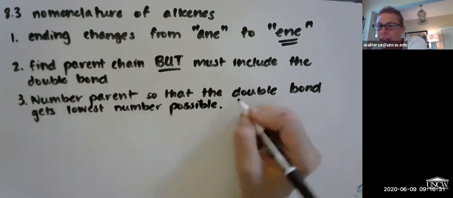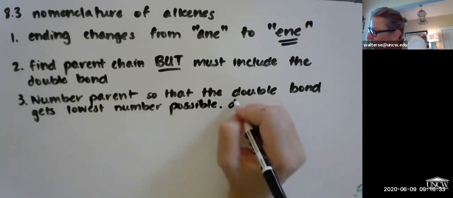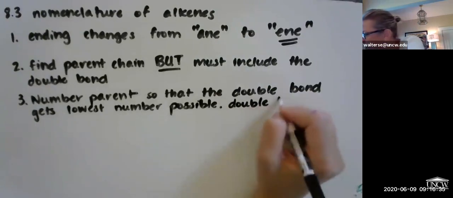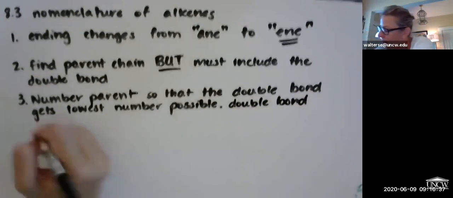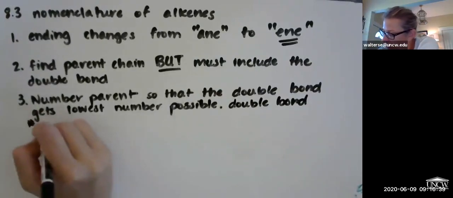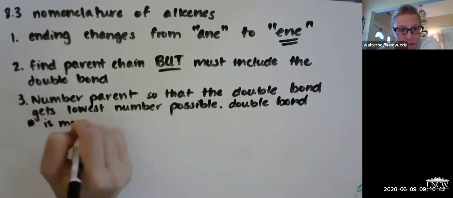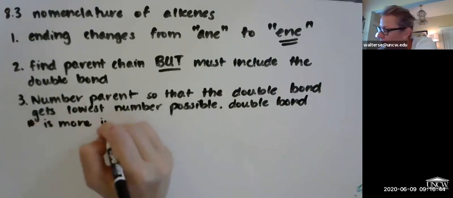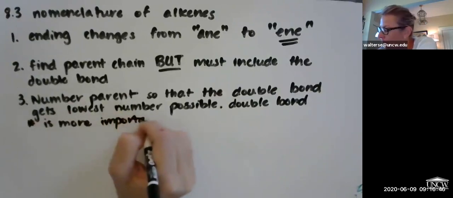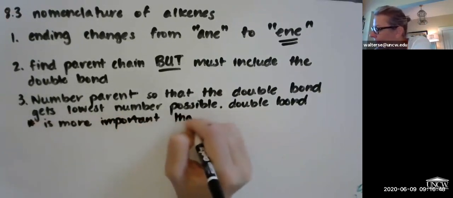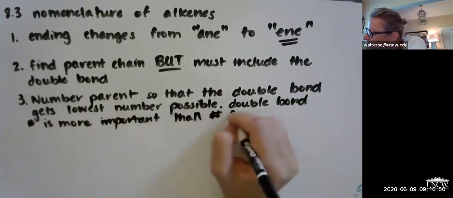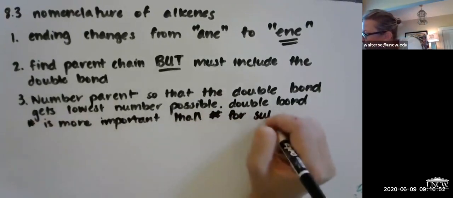The double bond numbering is more important to be lower than numbers for substituents.